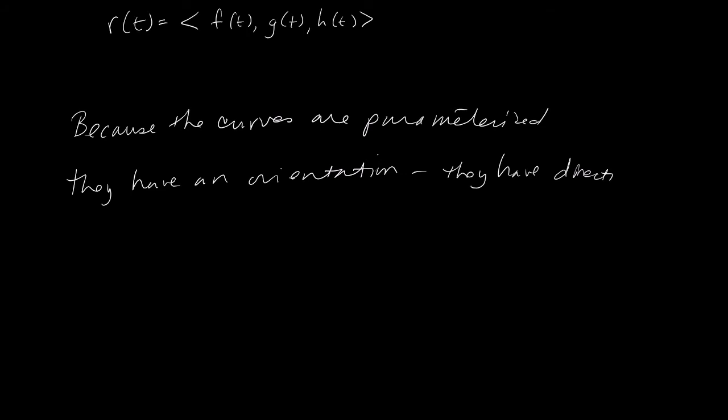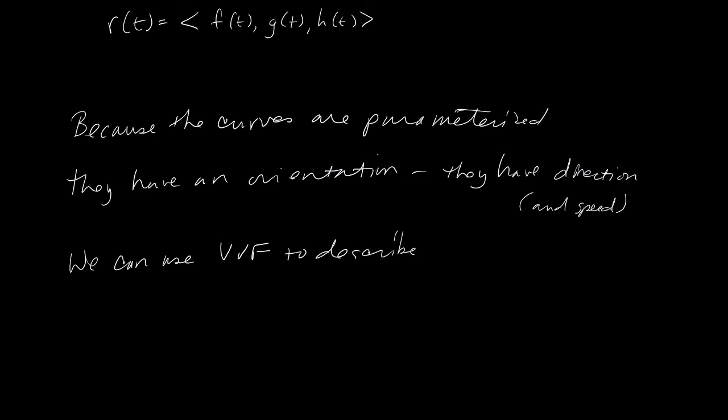They have direction and speed, if you will. So we can use this to describe motion along a curve. We can tell how quickly the path is taken and where that path starts, where that path ends, and how quickly the particle or whatever it is that's moving along this path moves through this.